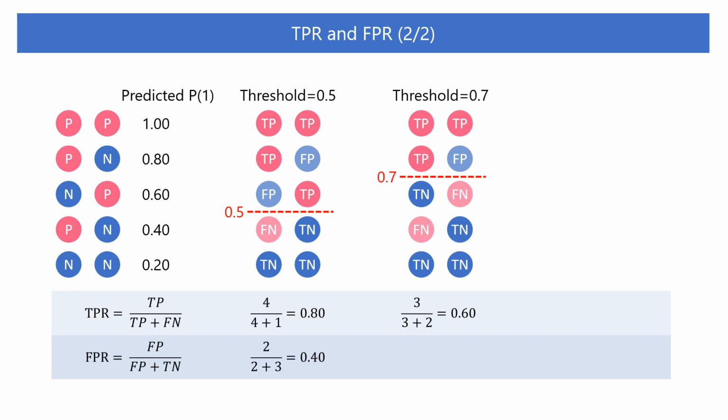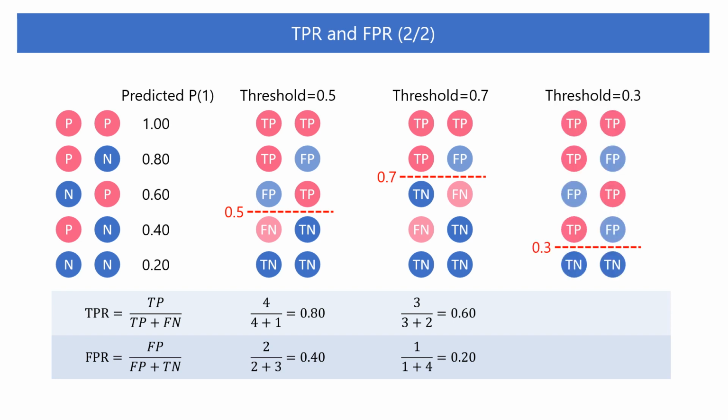On the other hand, because the threshold for being classified as positive has been raised, fewer actual negatives were classified as positives. In other words, the number of false positives decreased. So, the FPR decreased. In other words, while the TPR worsened, the FPR improved as a result of the heightened threshold.